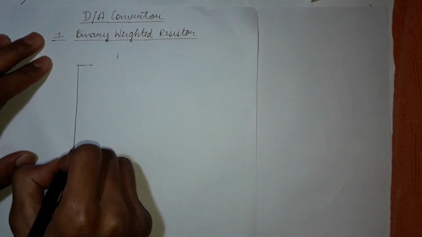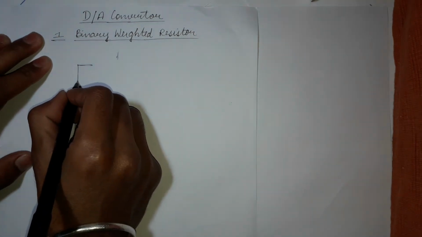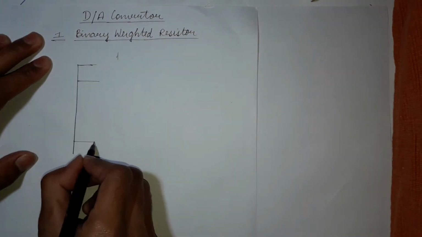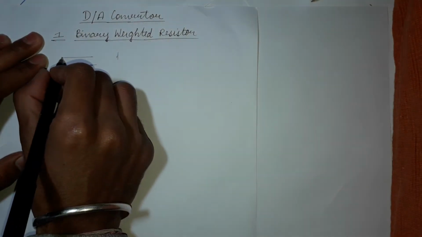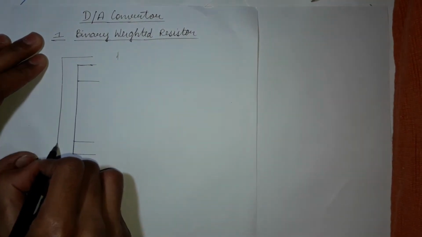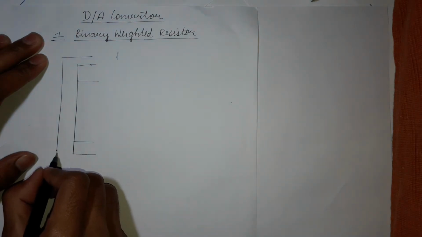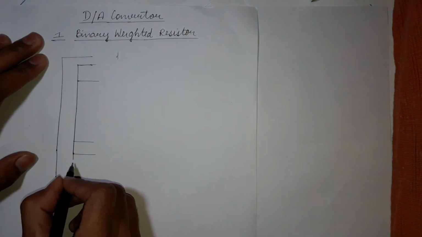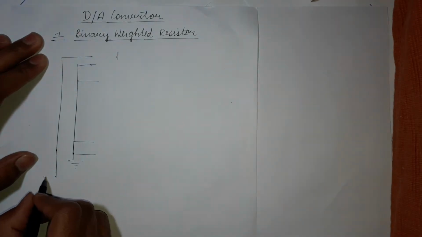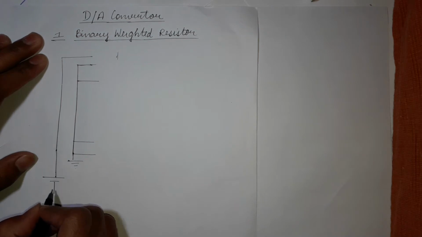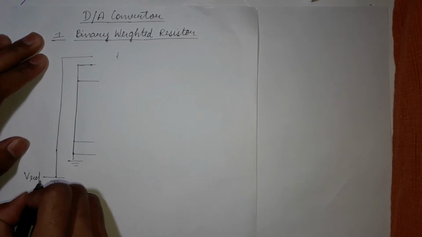First we have a line, then another line like this. This line is connected to ground and this line is connected to a voltage V reference.